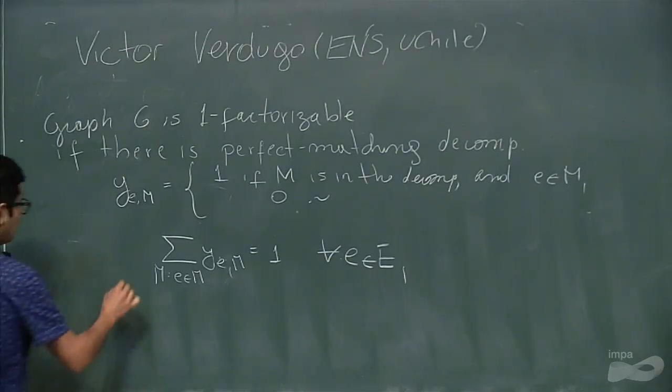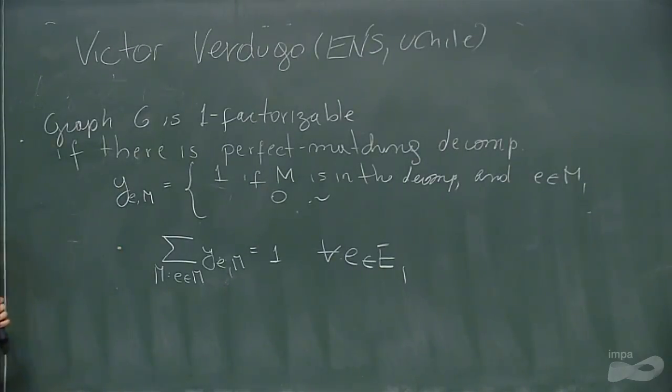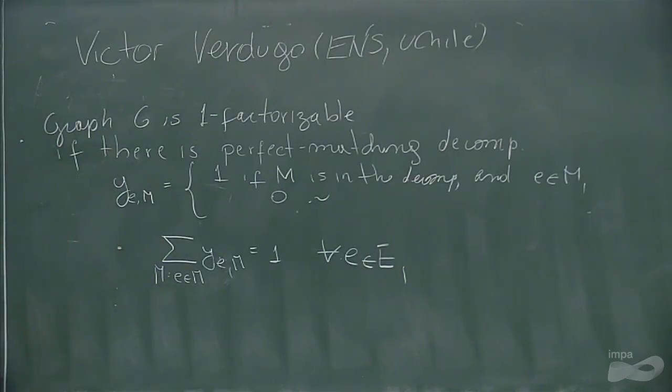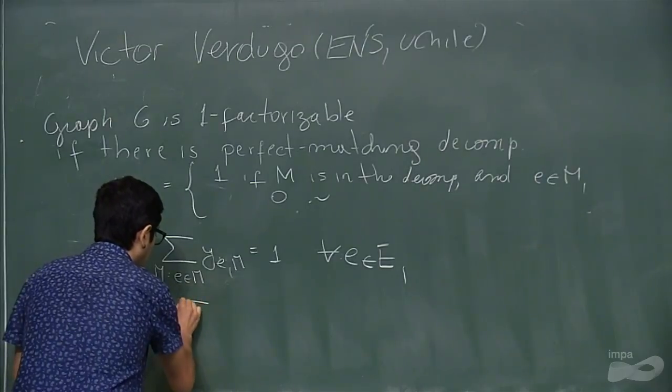And then let me assume something more. Let me assume that the graph is regular, okay? So the degree is regular. And then we know how many matchings we are using, in fact. It's just the degree, right?